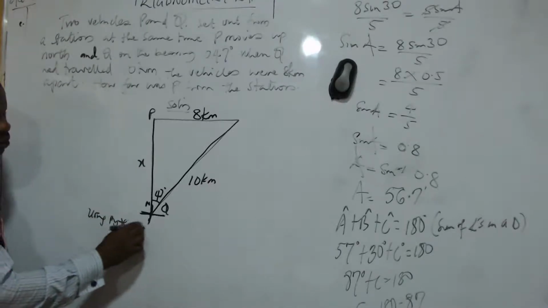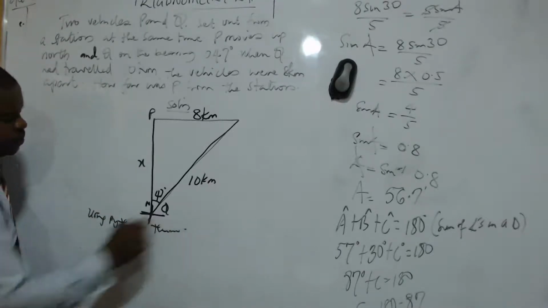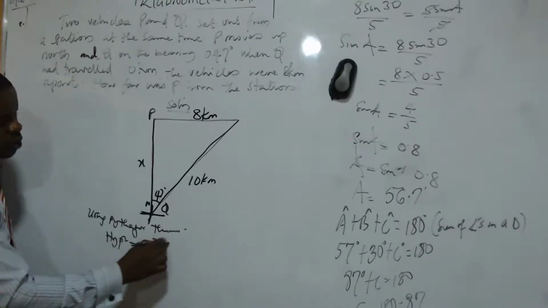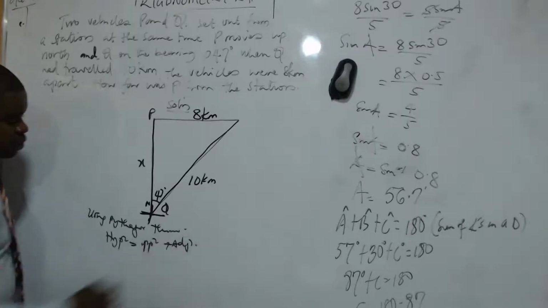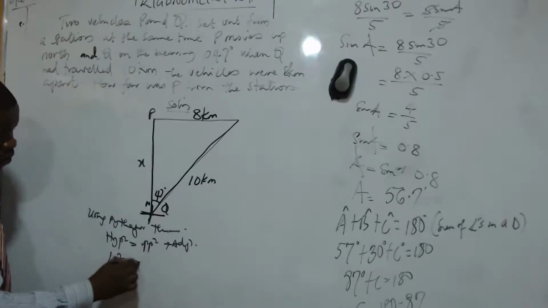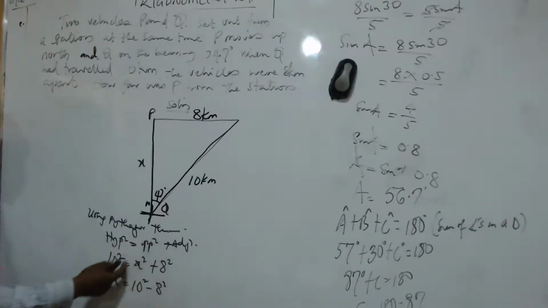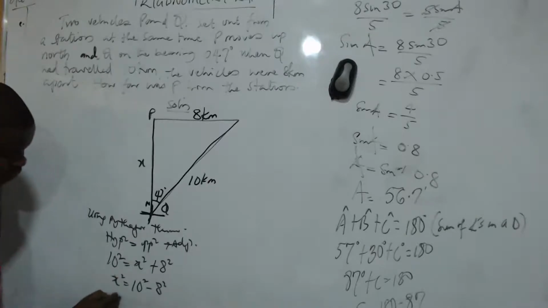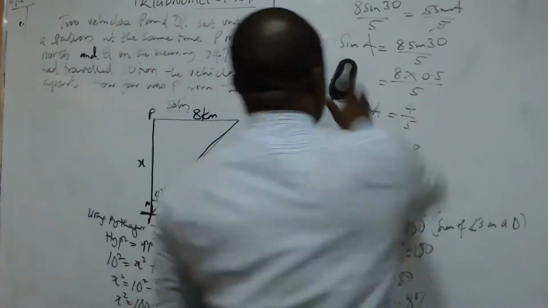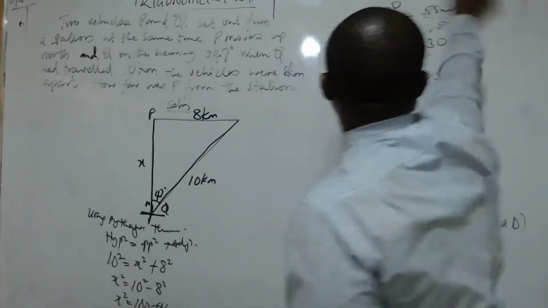Pythagoras theorem. We have hypotenuse squared equals opposite squared plus adjacent squared, right? Our hypotenuse is the longest side, which is 10 squared. We have x squared to this side, so it becomes minus. Now x squared is 100 minus 64.